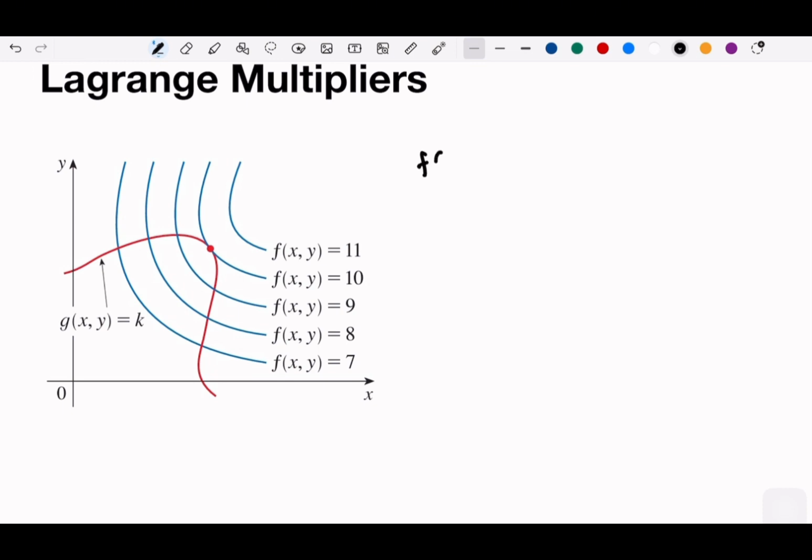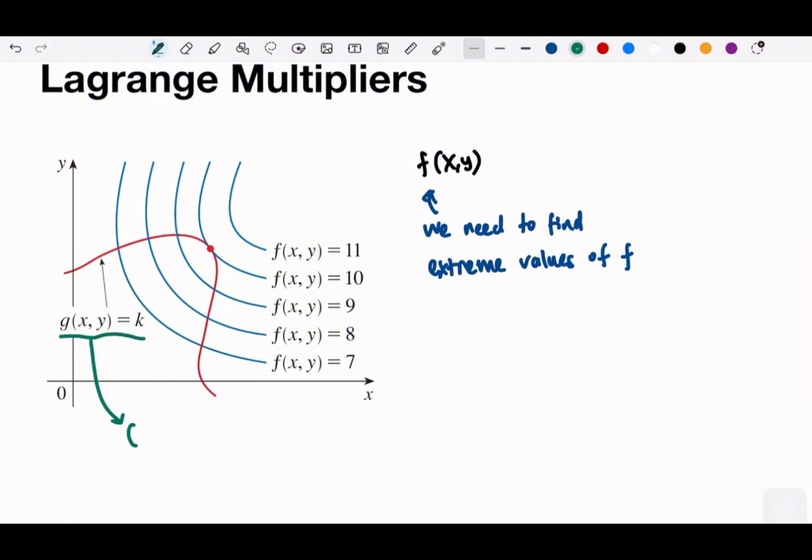So we want to find the extreme values of f, right? And then we have the g. We call g a constraint, or restriction, for this f.